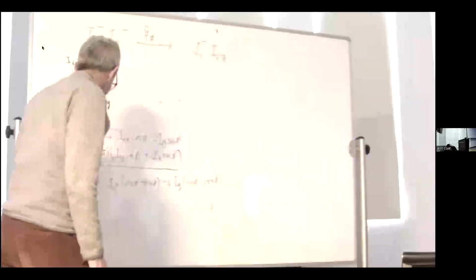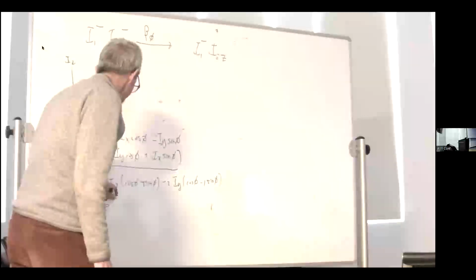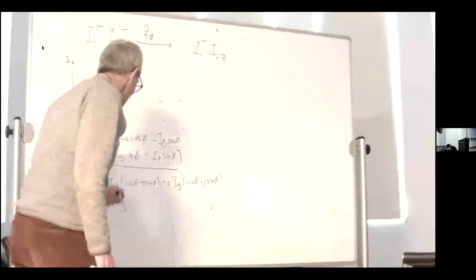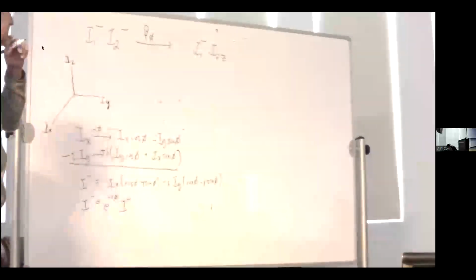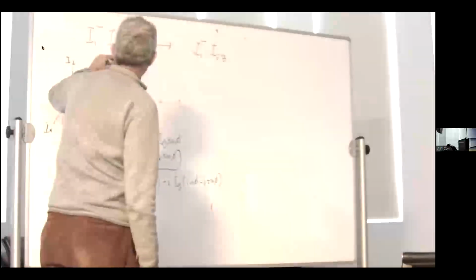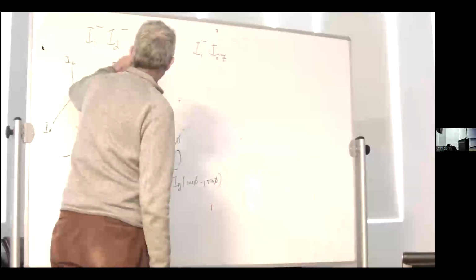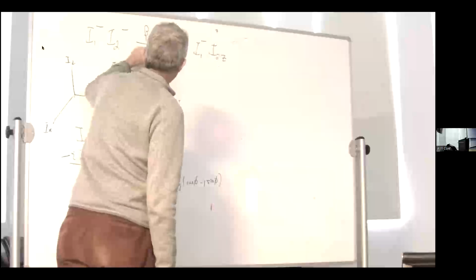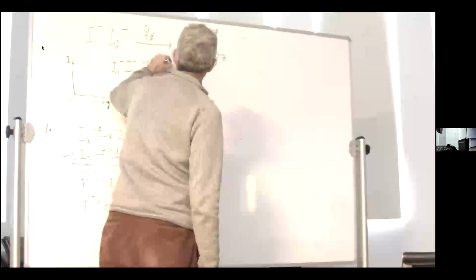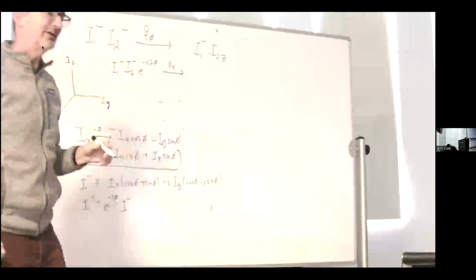Well, I minus is going to evolve as e to the minus i phi I minus. So then I have I1 minus I2 minus e to the minus i2 phi. And I now can apply a beta X pulse.